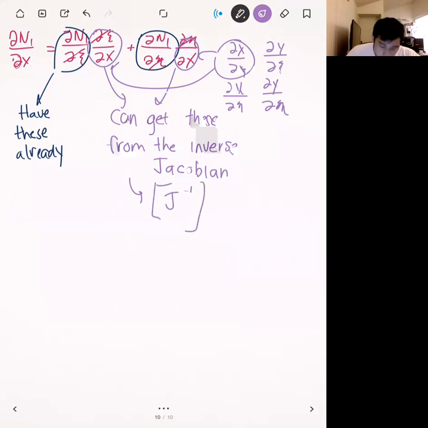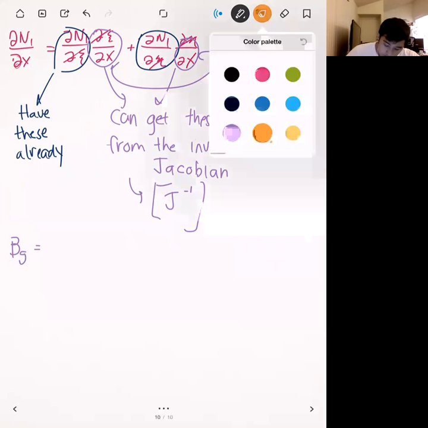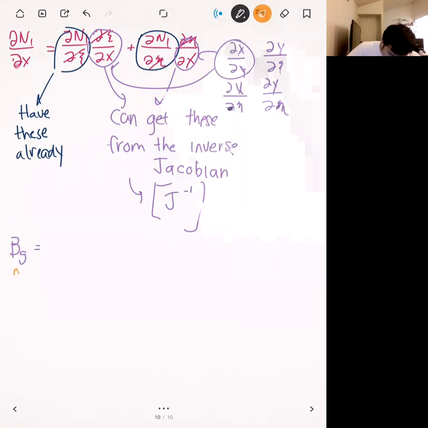To compute the shape function derivatives as a group, we multiply our inverse Jacobian, which we can obtain easily, by our shape function derivatives in the parametric space, which I have in dark blue. Remember, the symbol we gave for that was B sub g, so this B sub g here is our shape function derivative matrix.